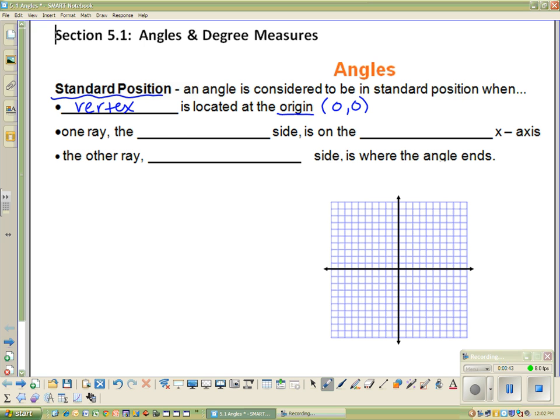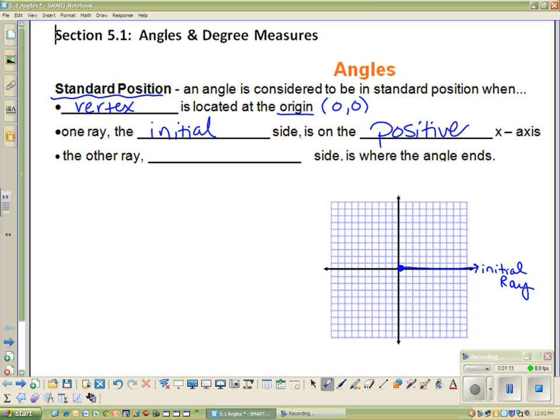And one of the rays, the initial side, is on the positive x-axis. So far, if you look at your coordinate plane, we have the vertex sitting at 0, 0. And we have an initial ray at the positive side of the x-axis.